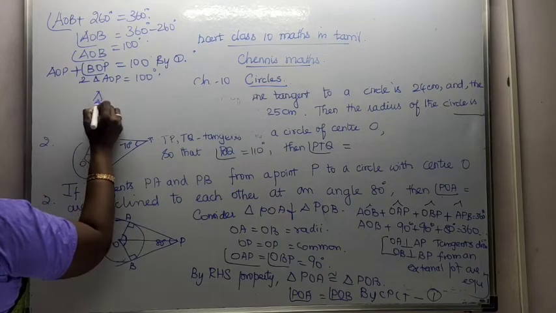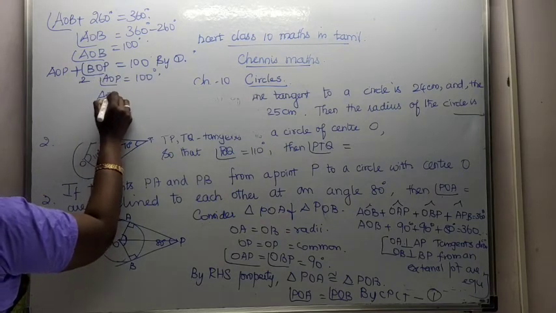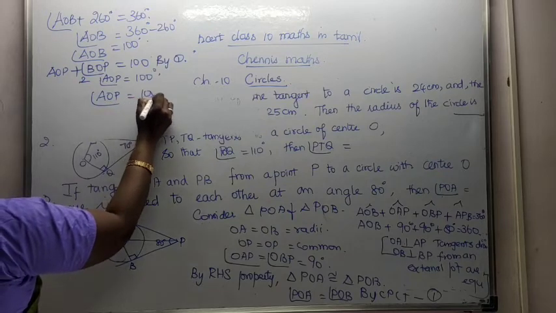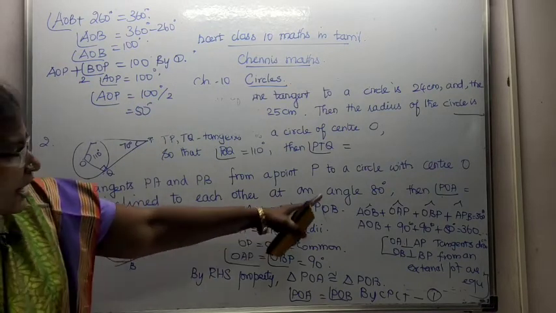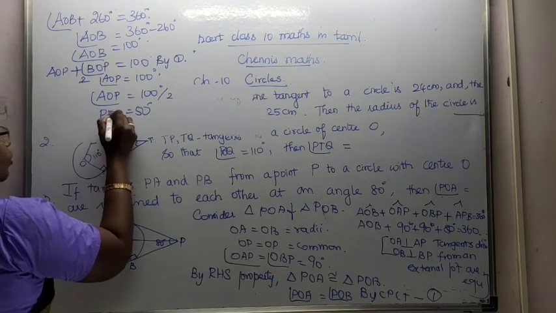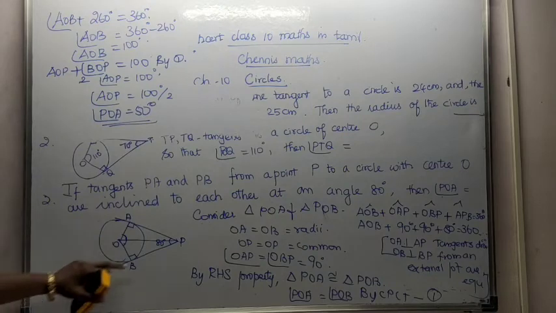Therefore, angle AOP is equal to 100 by 2 is equal to 50 degrees. They asked for POA; AOP or POA both are one and the same. Therefore, the answer for POA is equal to 50 degrees.